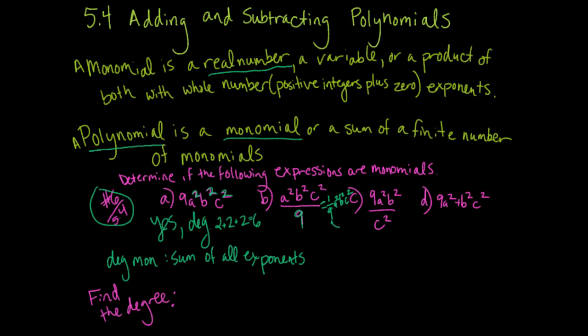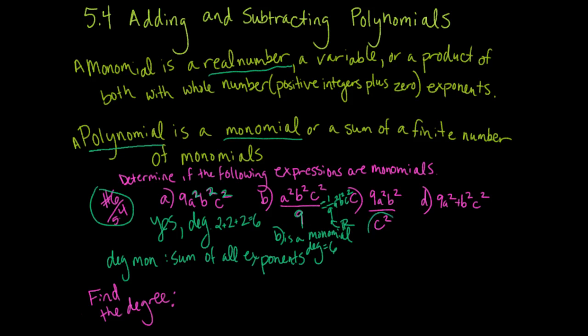So this is an element of the real numbers. Therefore we can say this is a monomial. Part B is a monomial, and the degree, once again, adding up 2 plus 2 plus 2, is equal to 6.